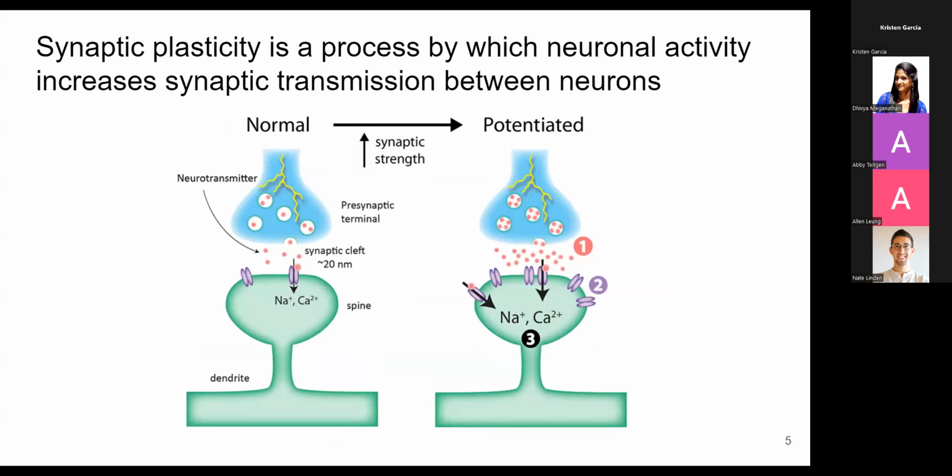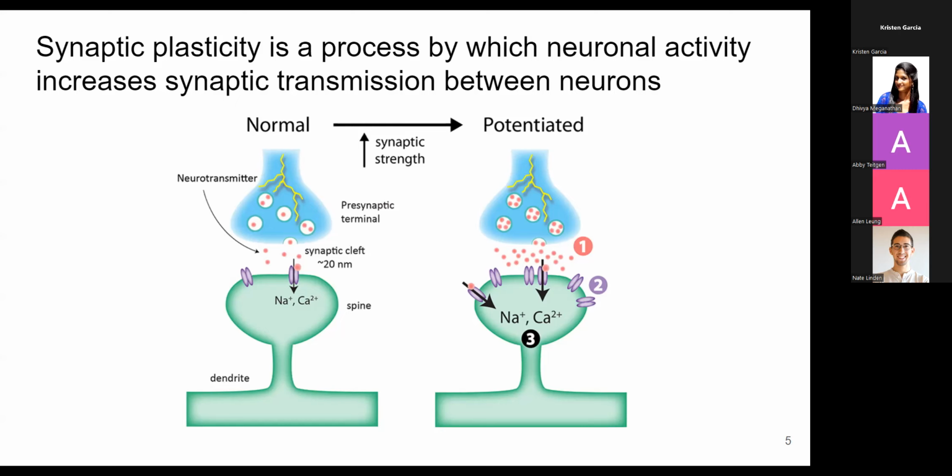So I talked a little bit about the molecular machinery behind adenosine in sleep. But like I mentioned in the title of this talk, I want to connect it to synaptic plasticity. So we'll first define what synaptic plasticity is. We know that plasticity is basically the brain's ability to adapt to change and new information.